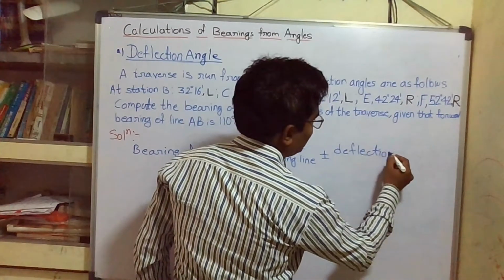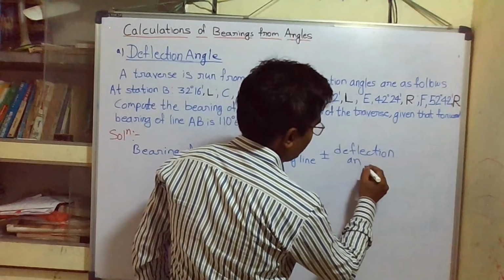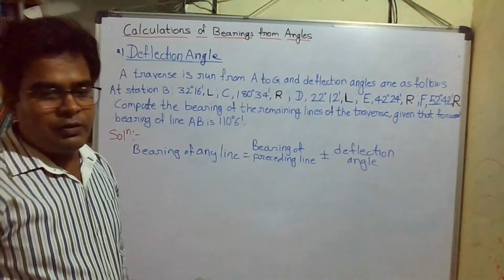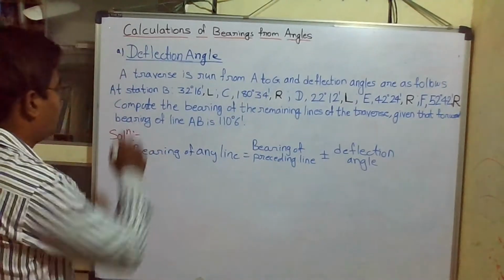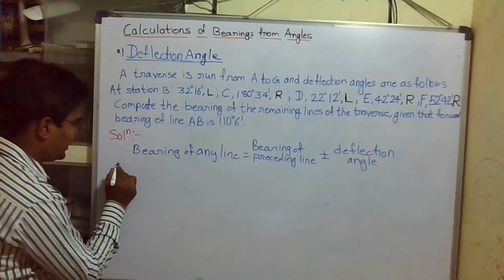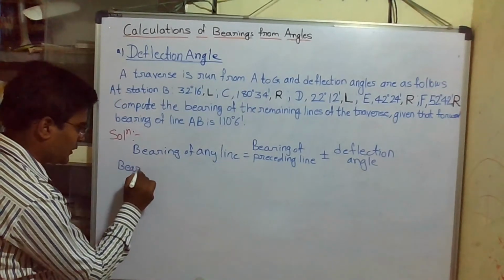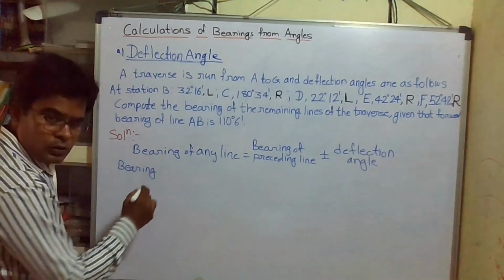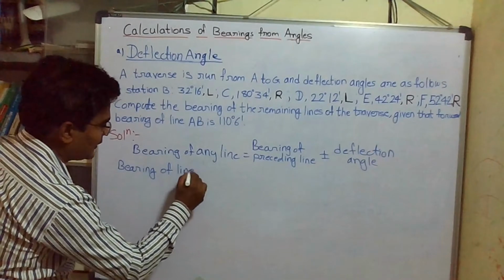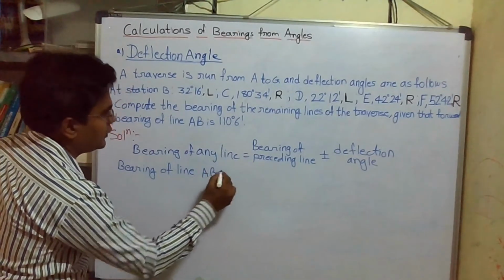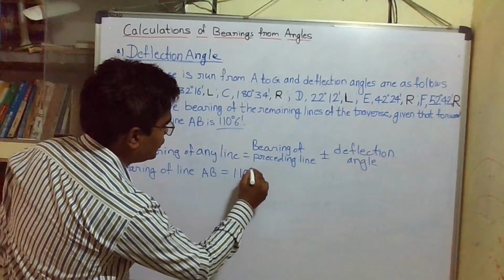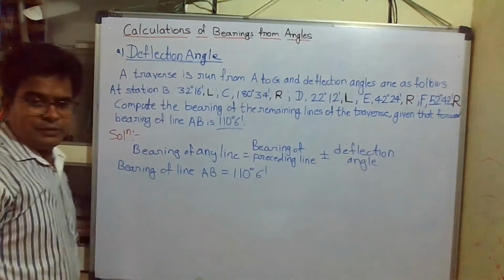We will use the plus sign when the deflection is along the right hand side and the negative sign when the deflection is along the left hand side. So let us move. First, the bearing of line AB is given. Bearing of line AB is equal to 110 degrees 6 minutes.